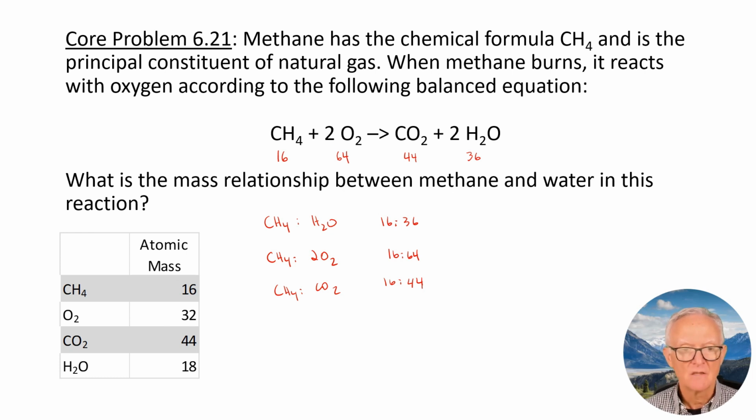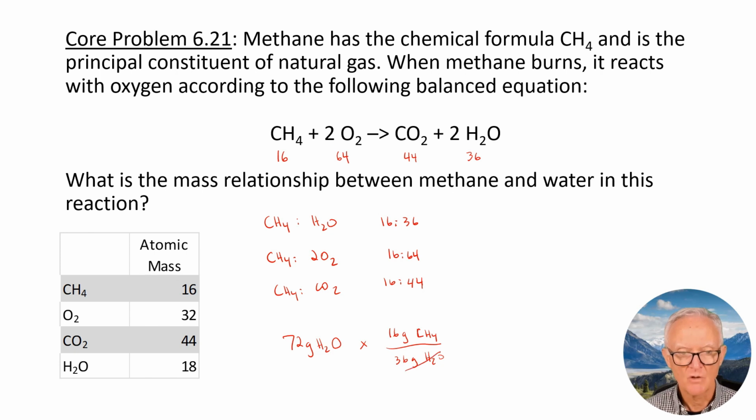So say the question was, how many grams of methane do we need if we wanted to produce, say, 72 grams of water? All right, so we need 72 grams of water. How much methane do we need to provide as a reactant for this reaction to produce 72 grams of water? Well, we multiply by the mass ratio between methane and water, and we know it's 16 grams of methane for every 36 grams of water.